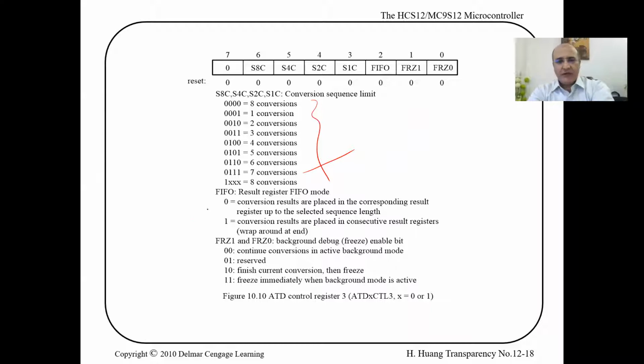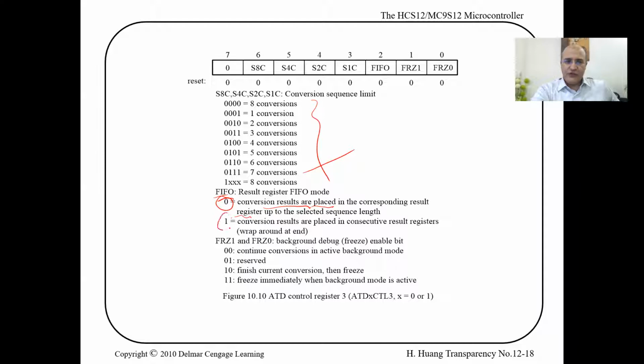Okay. Enable the FIFO mode or disable the FIFO mode. If this is 0, every result will be stored in the corresponding result register. So A to D channel 0 will be stored in register 0. Channel 1 will be stored in register 1, and so on.